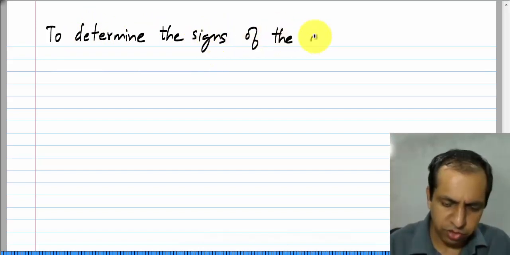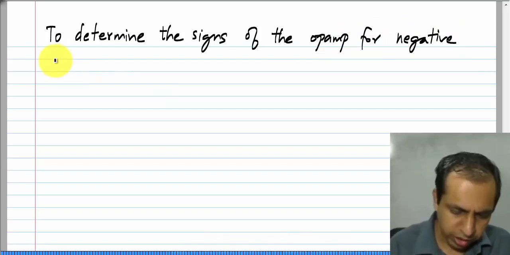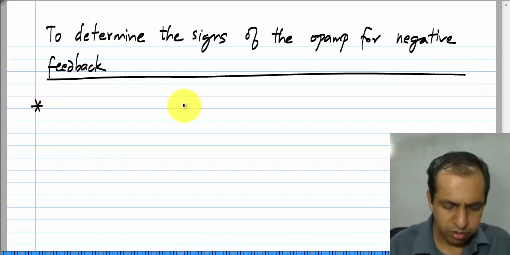to determine the signs of the op amp for negative feedback, these are the steps.